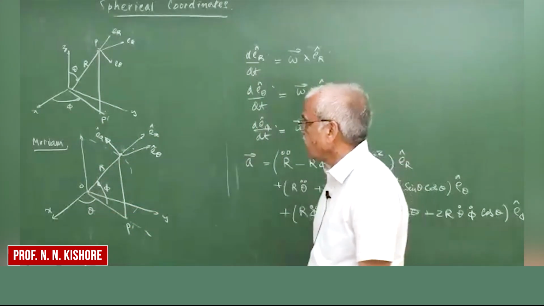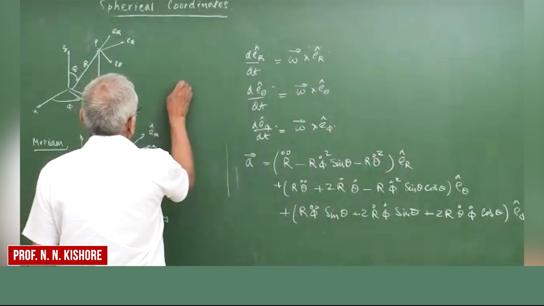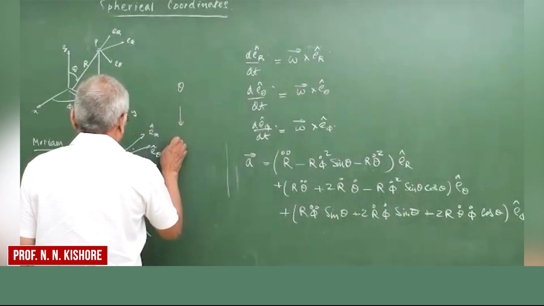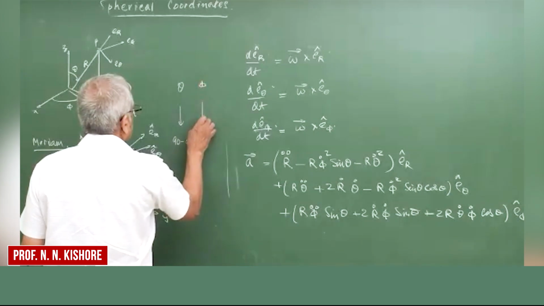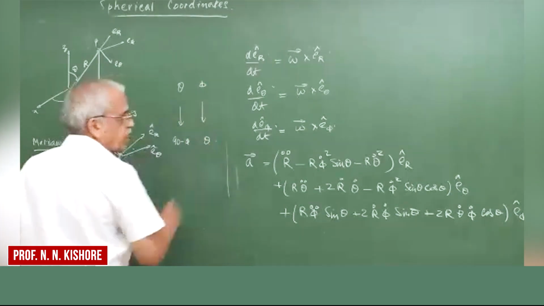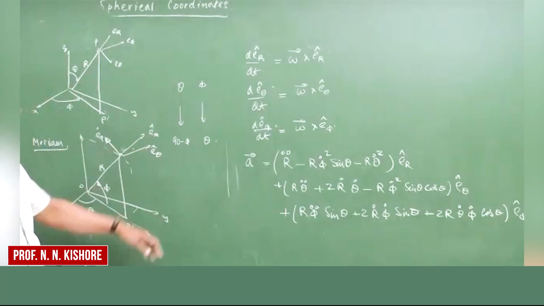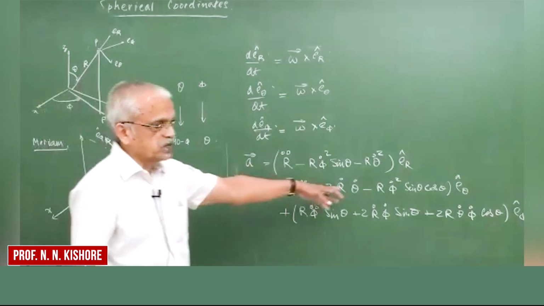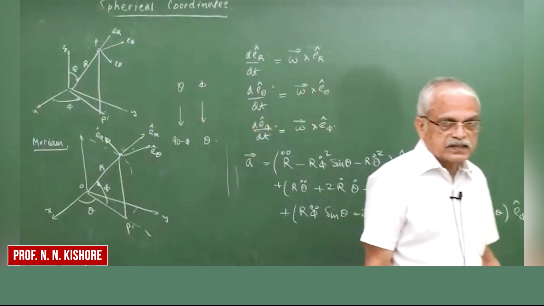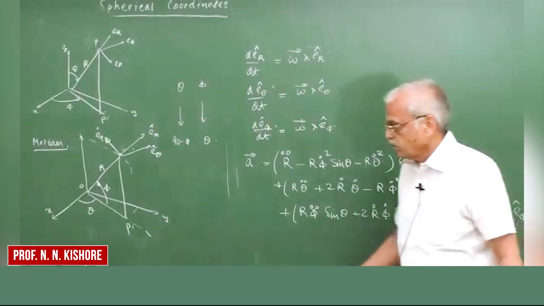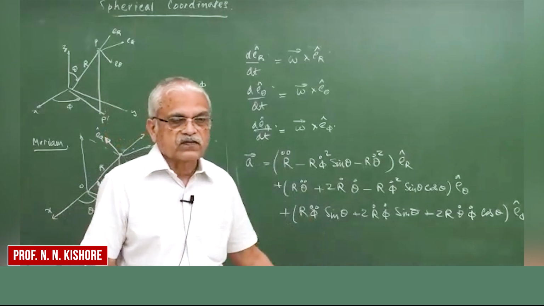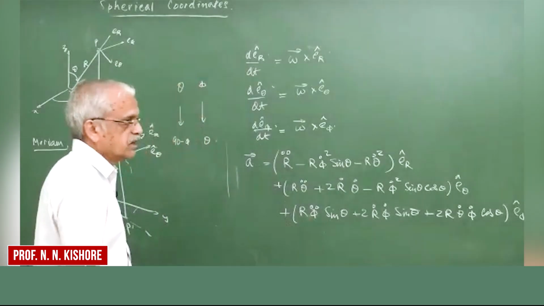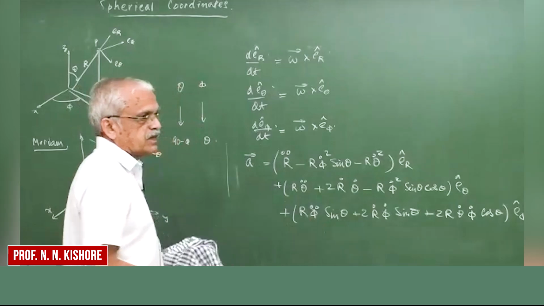So this theta will become 90 minus phi, and this phi will become theta. This is how you can slightly change whatever expressions you have here. People have different conventions, so see which convention you are following. It's very important.